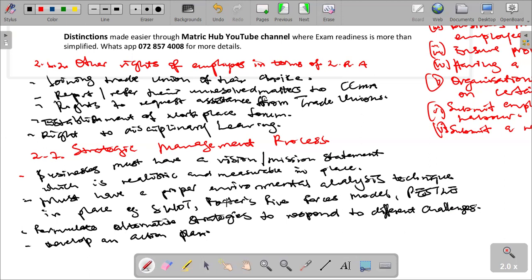Businesses would also need to continuously evaluate, monitor and measure strategies in order to take relevant corrective action, in regard to SWOT analysis and the strategic management process. So we can list as many other alternatives as we can give, and then go to our next question.